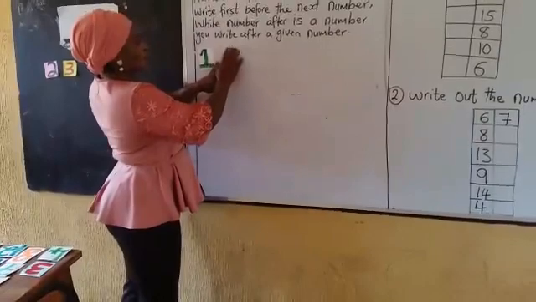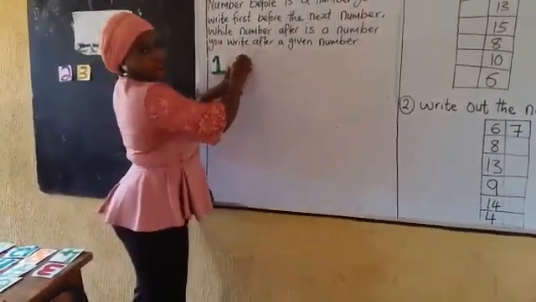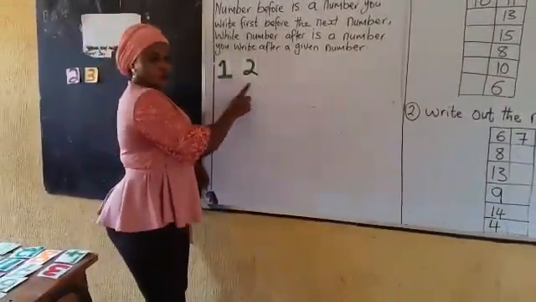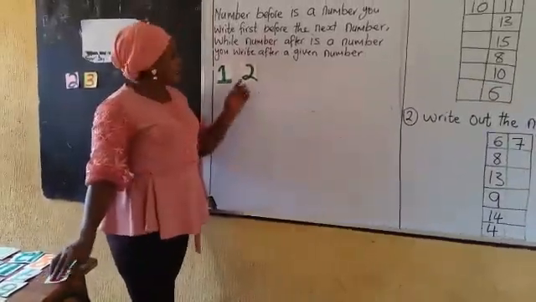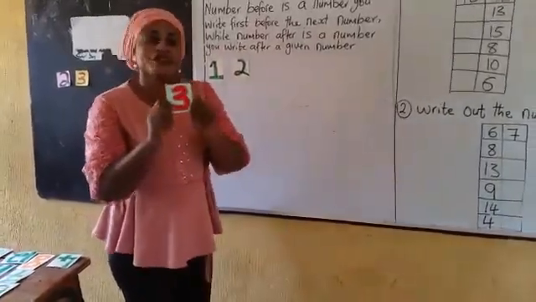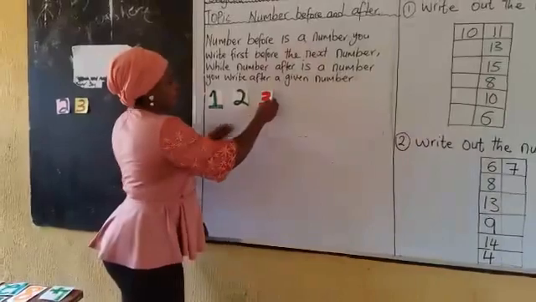Good. That is 1, 2. So 2 before 3. After writing 2, the next number is going to be what? 3. So the number before 4 is 3.